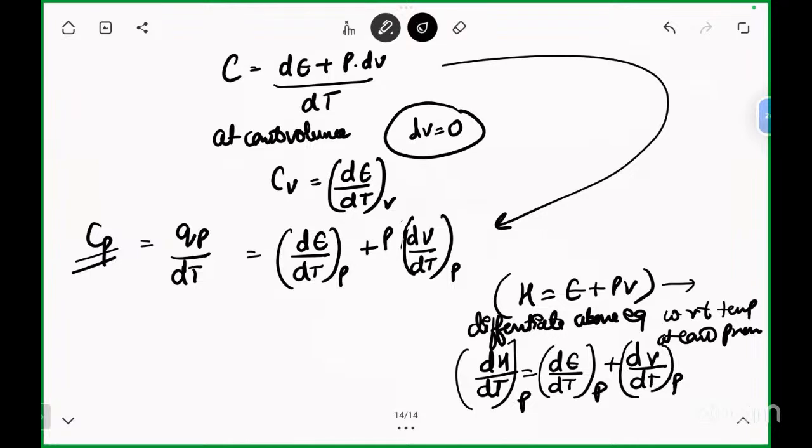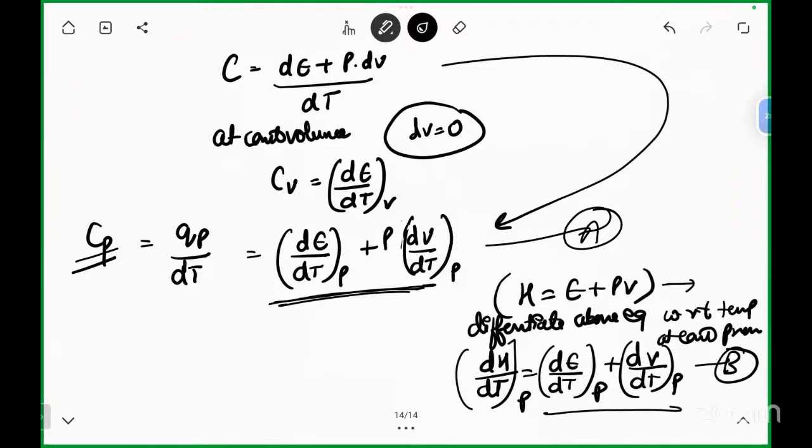Just see this equation; consider this as equation number A, and this as equation number B. In equation A and equation B, the right hand side is the same. So we can write Cp equals dH over dT at constant pressure. So now we got the values of Cp and Cv.